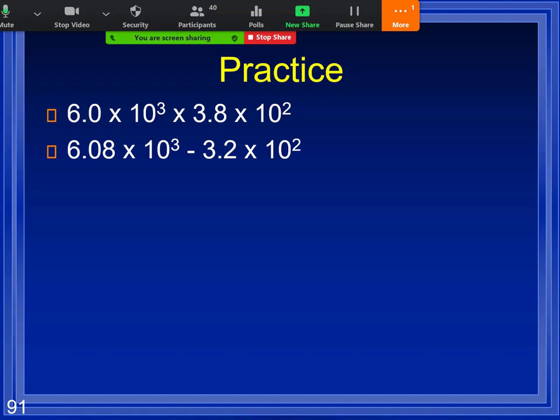Now I got these numbers, and I want to subtract them. I cannot subtract these two numbers because they have different exponents.